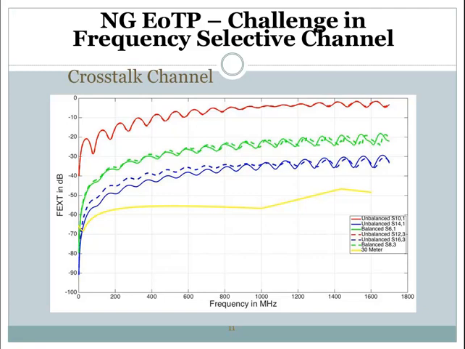The two red curves at the top, they are the crosstalk of the unbalanced transmission mode between the two wires in the same pair.